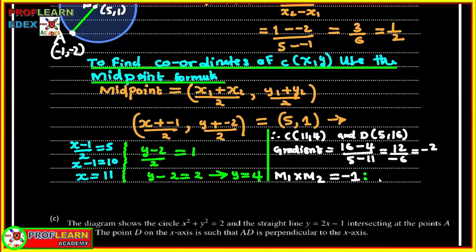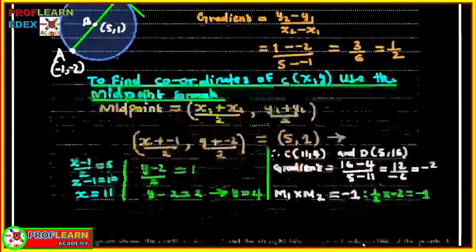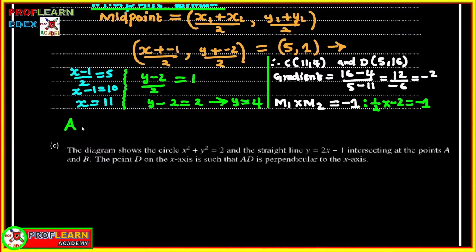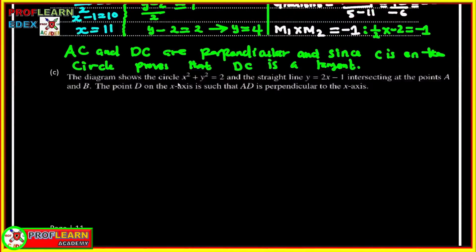Yeah, a half times -2 gives you -1. Perfect. Since the coordinate C is on the circle and they are agreeing like that, I can conclude that AC and DC are perpendicular, and since C is on the circle, then we can say that there is a tangent.